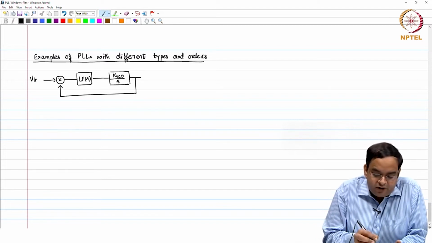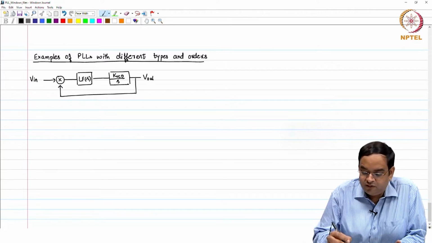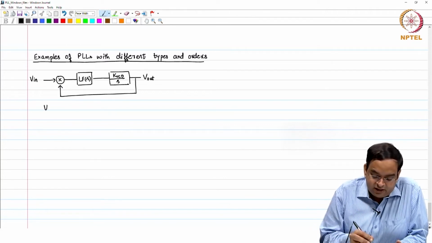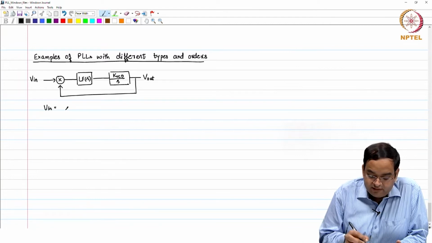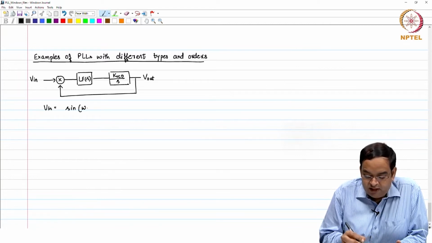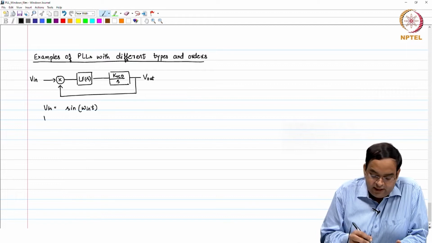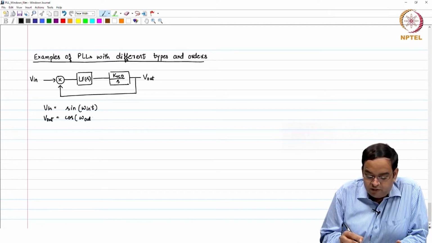Okay. The input and output are voltages, sinusoidal voltages. In our case, we will treat right now V in as sine of omega in t and V out as cosine of omega out t.